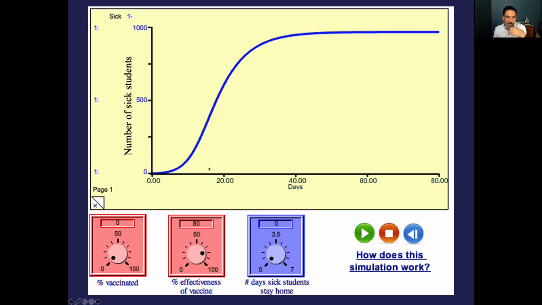But in this population of 1,000 students, it predicts that without any vaccination, and if students aren't staying home any days when they're sick, pretty much the entire school population is going to become infected with H1N1 within about 40 days.